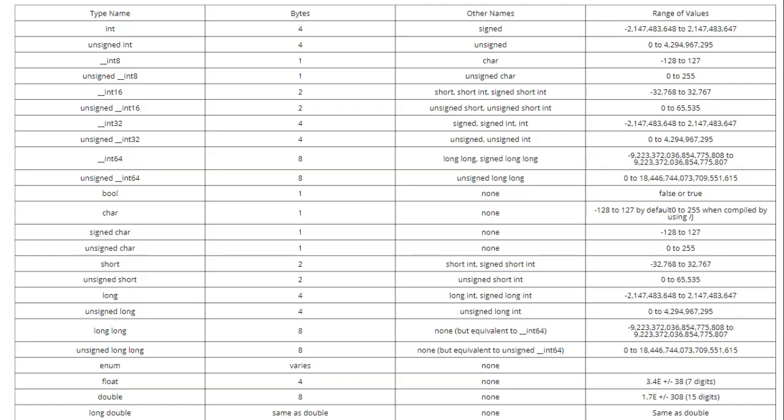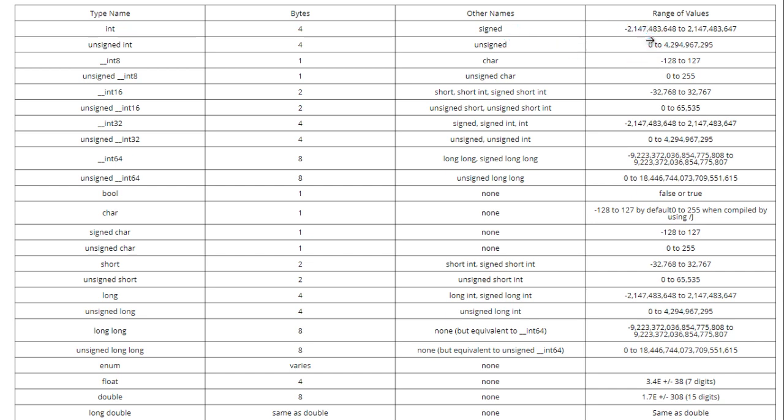So these are the data ranges. You can see here the name of the data type int, and it has 4 bytes. The other names are also important, but you don't need to memorize these things.